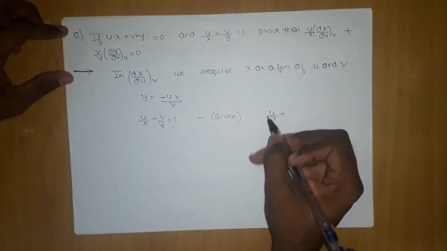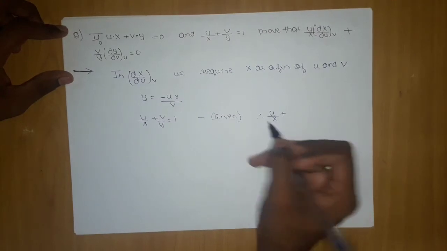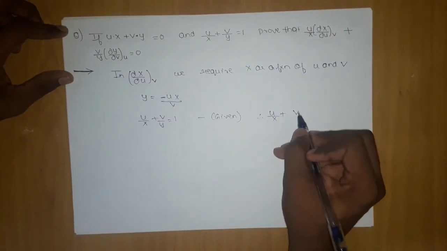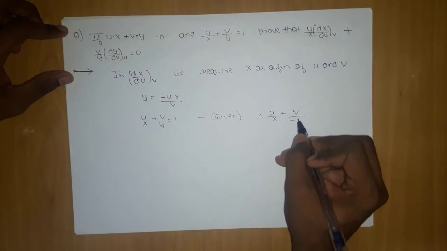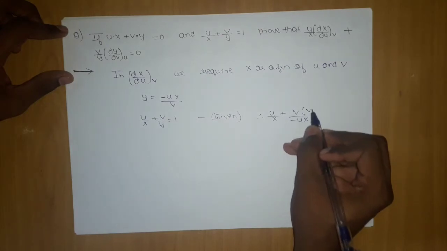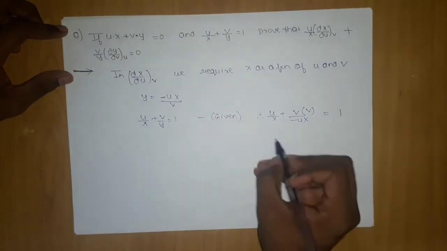u by x plus v by y, where I eliminate y by substituting minus ux by v, equals 1, right?